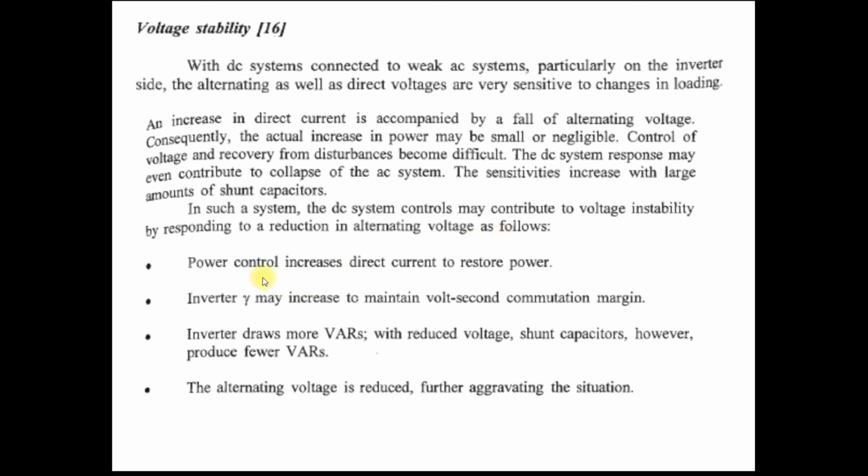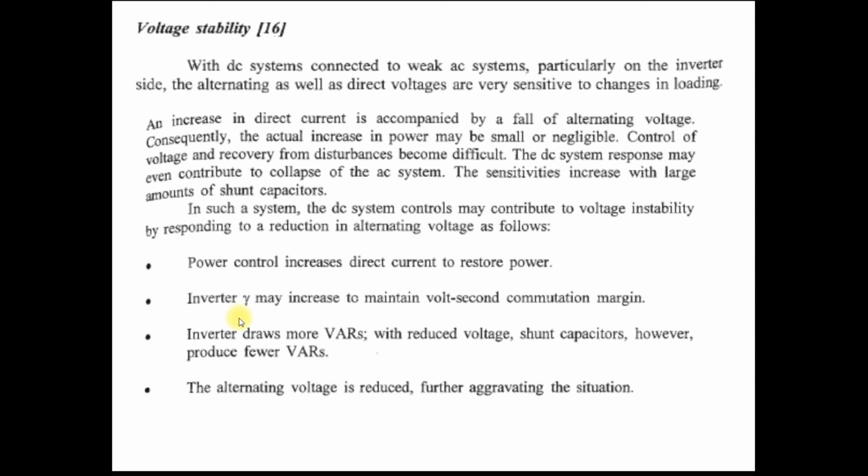First, the power control increases the direct current to restore the power. When the power control signal is given by the controller, that will increase the direct current to maintain the rated power. But at that time, the alternating voltage at the AC side will reduce. So that will create voltage instability at the AC side.